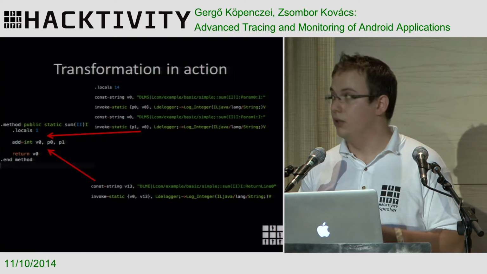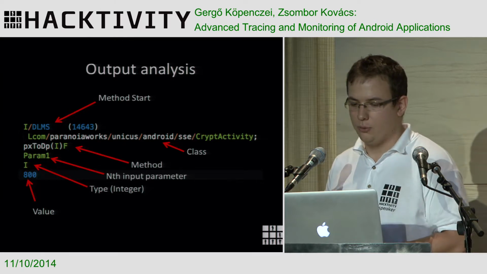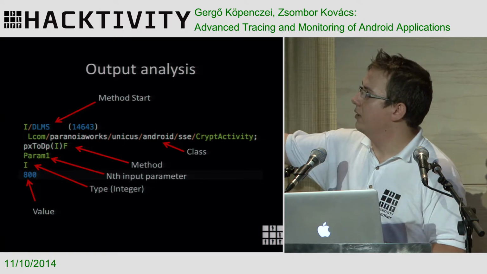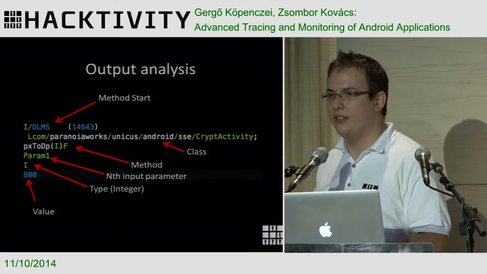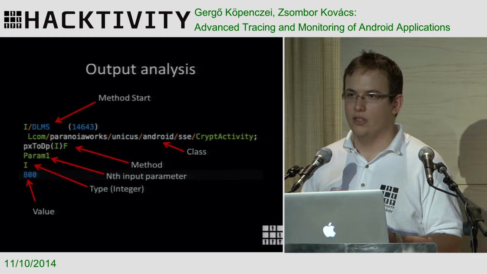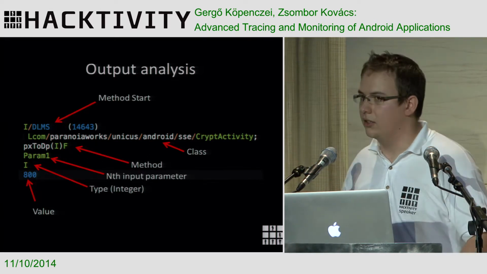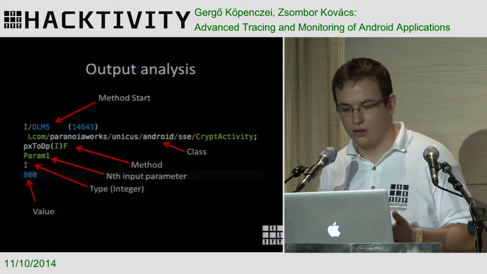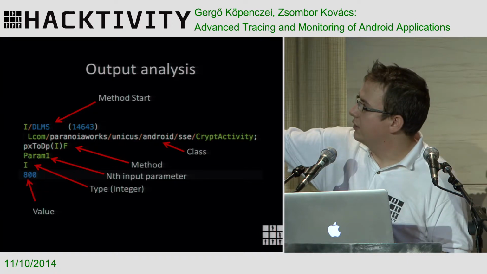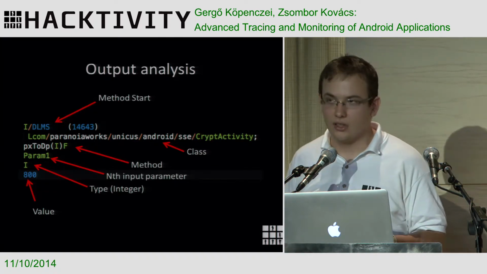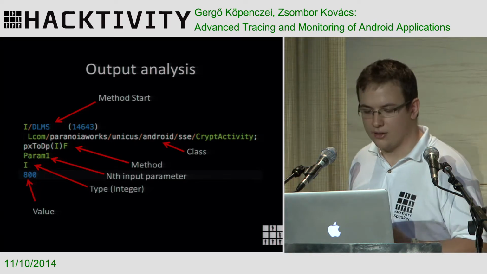And how does it look in the system log? There are three types of output log. Everything starts with DL, which stands for deLogger. M is for method, and S for start, so this is the beginning of a method. The first line is the name of the class which contains this method. The second line is the name of the method, the parameter list, which is an integer in this case, and the return type, which is a float in this case.